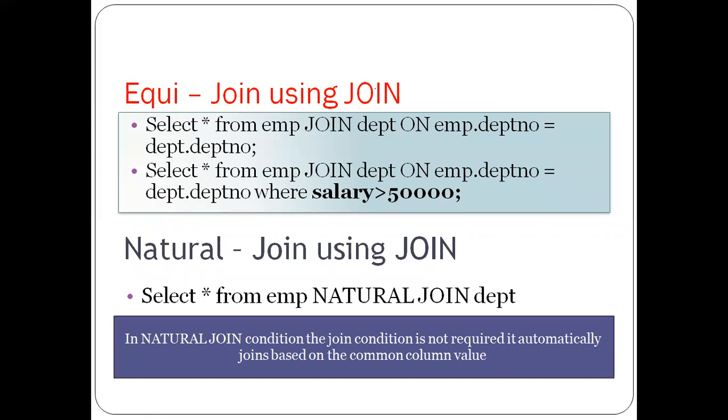And equijoin with the join. In an equijoin you can also use the join. In a previous example I showed you equijoin, and now equijoin can also be used with the join. See here, select star from EMP, join department. See the join keyword here, join department on. Select star, all the records are selected from the employee table.